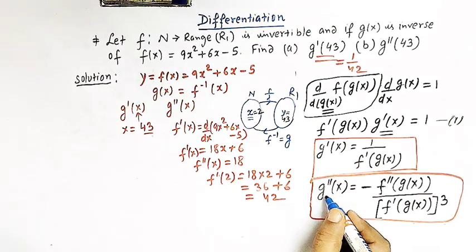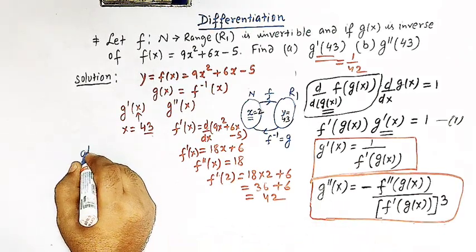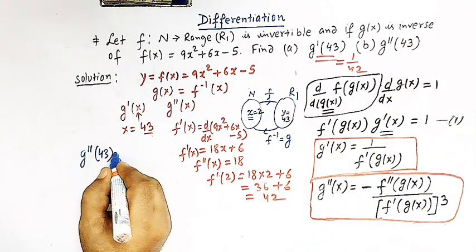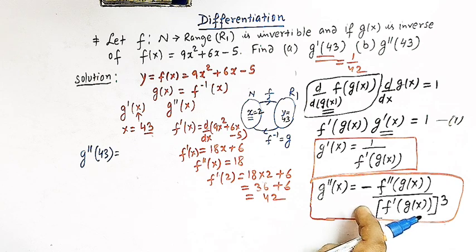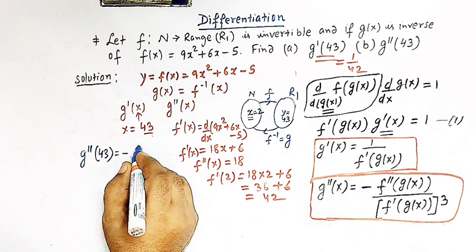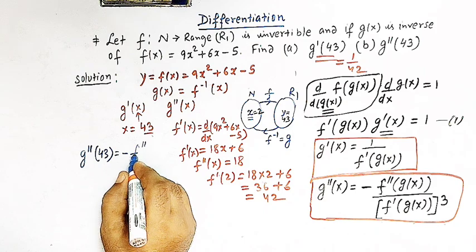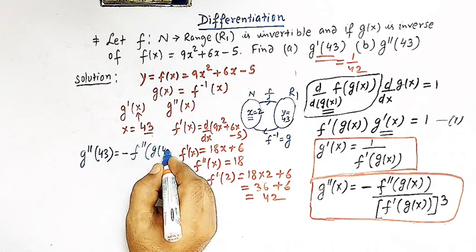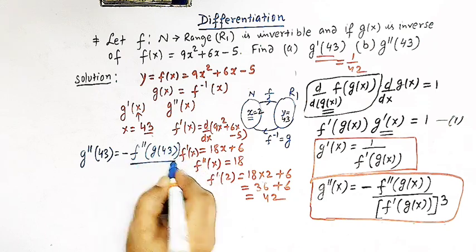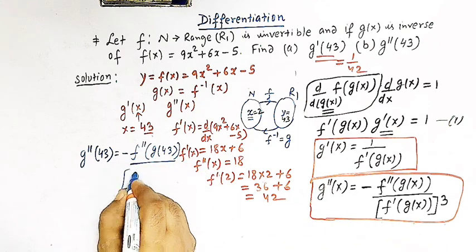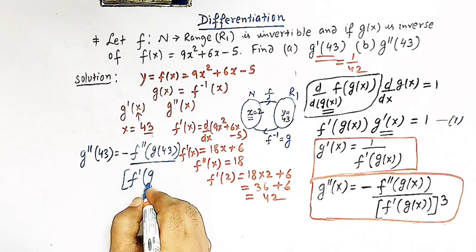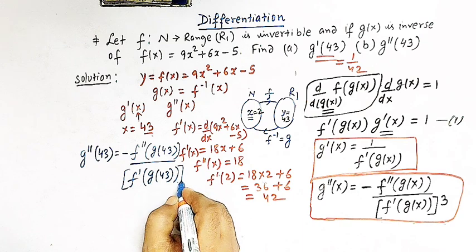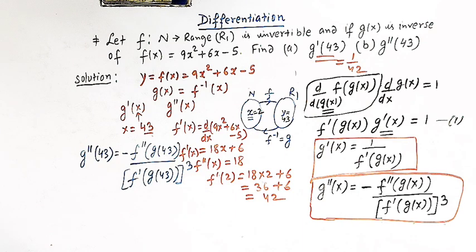So now to get the value of g″(43), we can write, with the help of this expression, minus the second derivative of f at g(43), and in the denominator we have f′ of g(43), and here we have the cube, right?